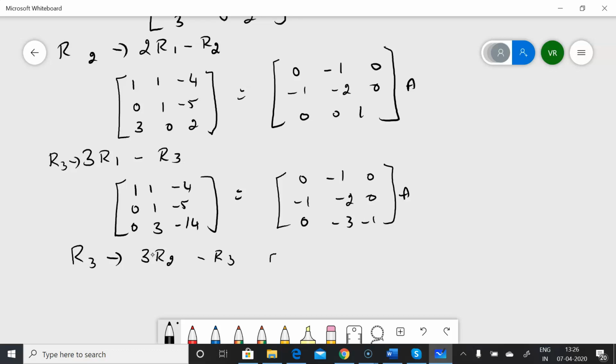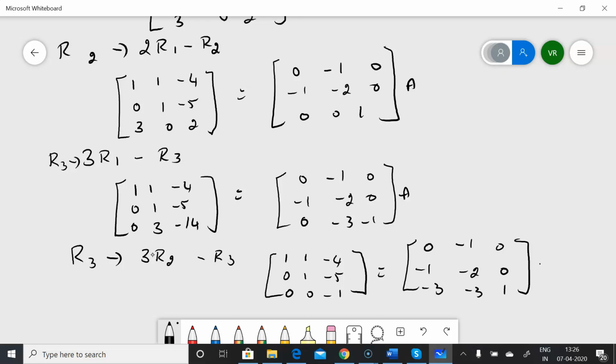That gives you 1, 1, minus 4, 0, 1, minus 5, 0, 0, minus 1, which is equal to 0, minus 1, 0, minus 1, minus 2, 0, minus 3, and 1.